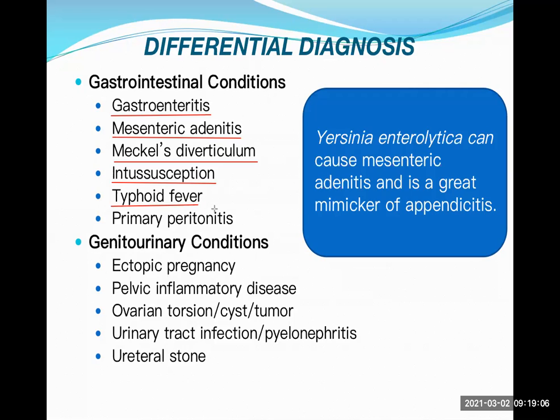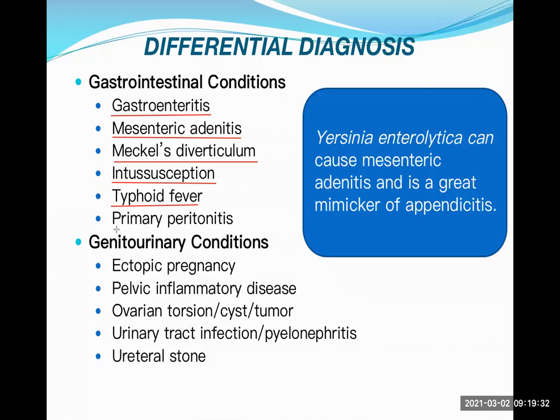The exact location of typhoid fever in the intestine is Peyer's patches, which are present in the ileum. Remember, it is very near to the appendix, and if the inflamed Peyer's patches are perforated, it almost looks like appendicitis. That's why it is included here.